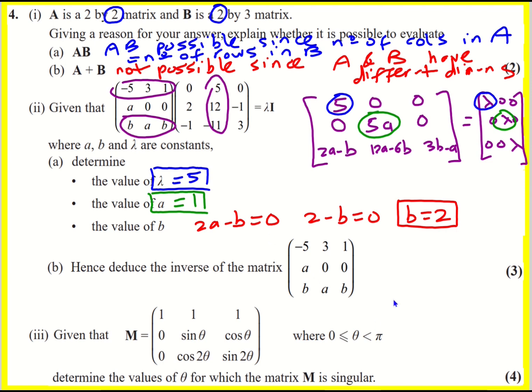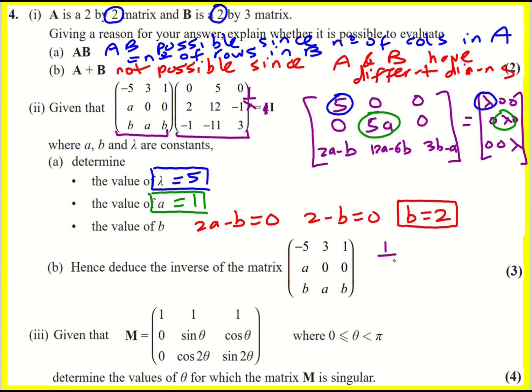Hence, deduce the inverse of this matrix here. So we know we've got two matrices multiplied together that give a multiple of the identity matrix. And what that means is if we divide through by lambda, I can have this multiplied by 1 over lambda times the second matrix, and that is going to equal I. And you know that if you times a matrix by another matrix and get the identity matrix, then they are inverses of one another.